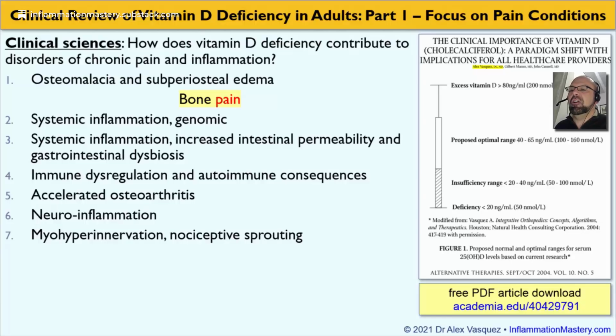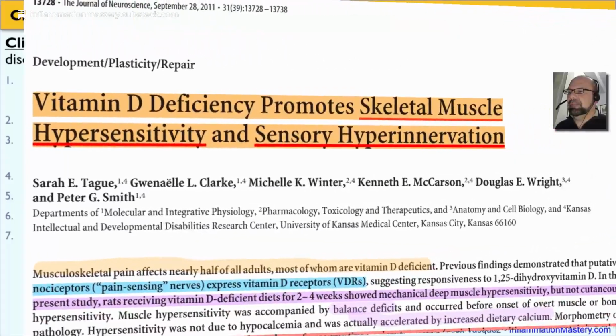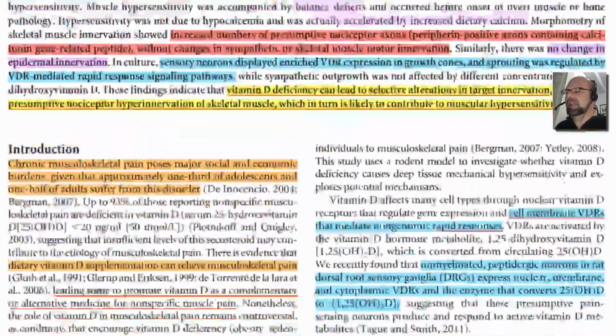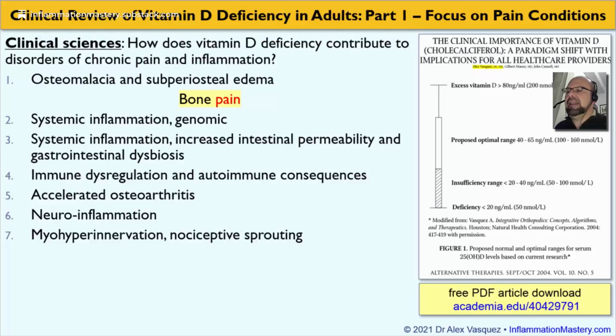This has been shown to occur in animals within 2 to 4 weeks of induced vitamin D deficiency. Again, I call that myohyperinnervation. It's a proliferation or sprouting of these nociceptive neurons within skeletal muscle, not within the skin. My other term for that is nociceptive sprouting.